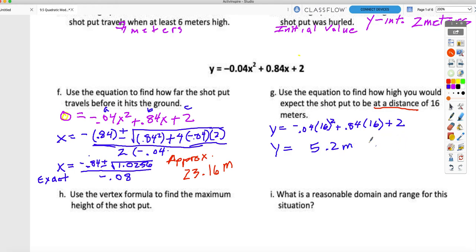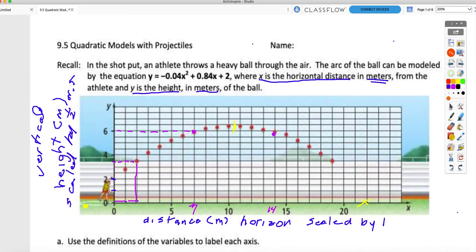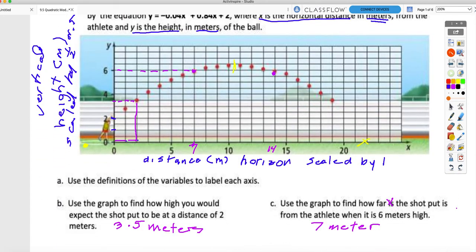And just for kicks, let's go look at that. A distance of 16 meters, let's see if the height is 5.2 meters. We can mark up our graph because we know when it hit the ground. It hit the ground at 23.16. Let's do that too. Okay, back up here. All right, we can add that label. We hit the ground at 23.16.